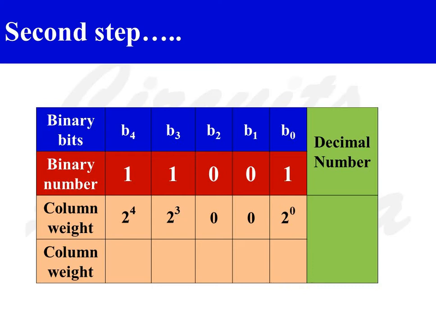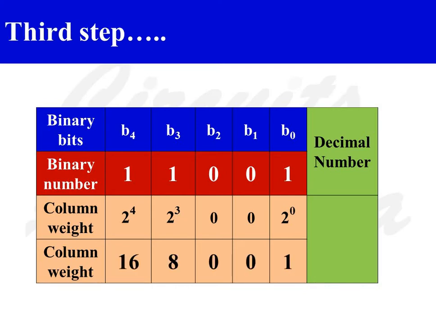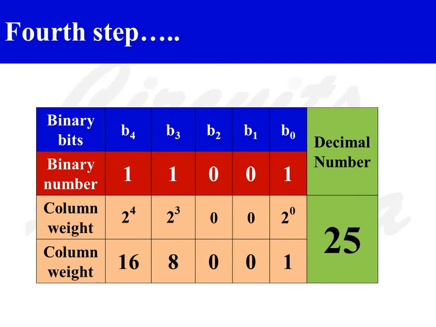As the next step, let us write the decimal equivalent of powers of 2. So 16, 8, 0, 0 and 1 are entered. Next step is to find the sum of elements in the fourth row. 16 plus 8 plus 0 plus 0 plus 1 gives us 25. So the decimal equivalent of 11001 is 25.